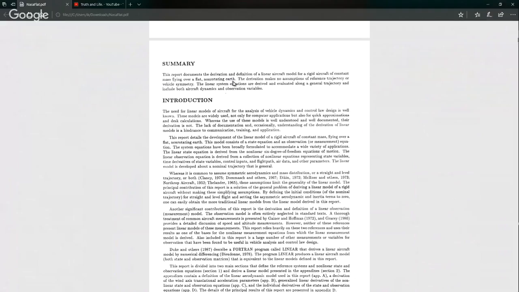Why the heck do they make this report about a flat and non-rotating Earth, if we are spinning and on a globe with curvature, 8 inch per square mile?